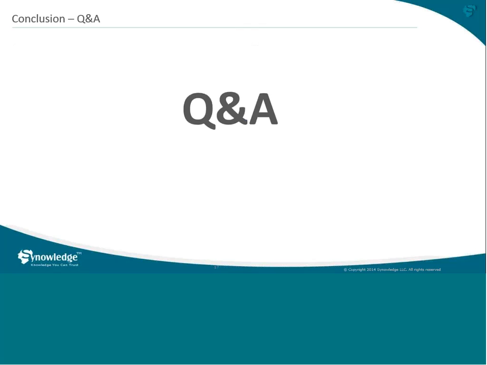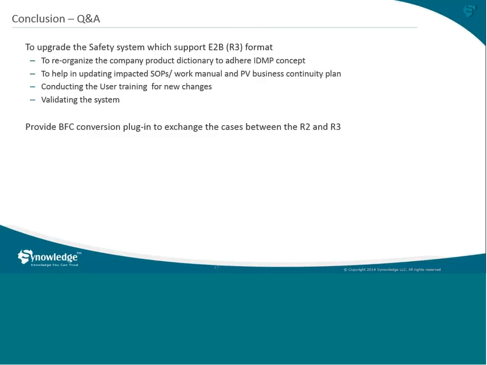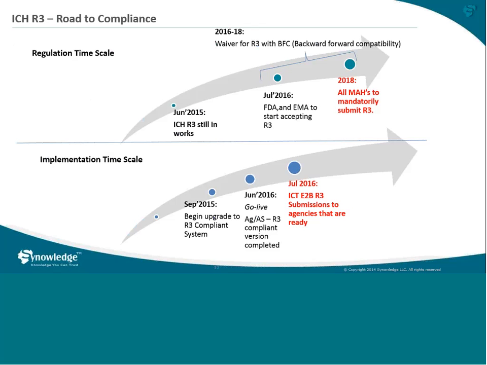The first question that I've got in is, we use ARISg. If I want to be compliant with E2B R3, when should I start the upgrade project? As indicated in one of the slides on ICSRs' Road to Compliance, we strongly recommend the drug safety systems be fully R3 compliant as early as possible, that is July 2016.